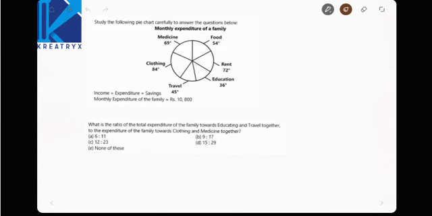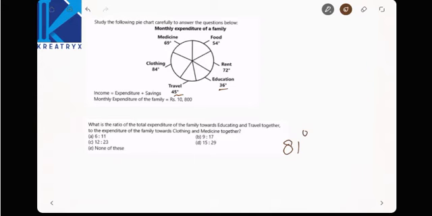Next question. What is the ratio of total expenditure of family towards education and travel together to the expenditure towards clothing and medicine? Education and travel together is 36 plus 45, which is 81 degrees.